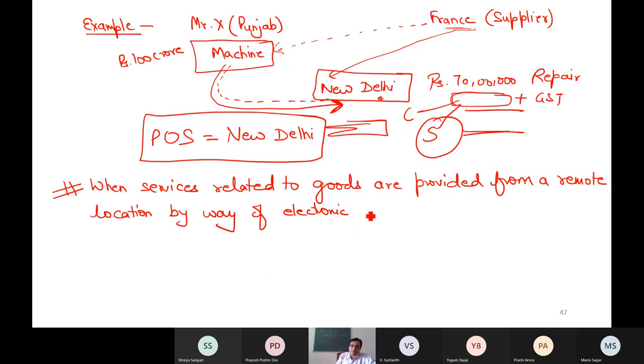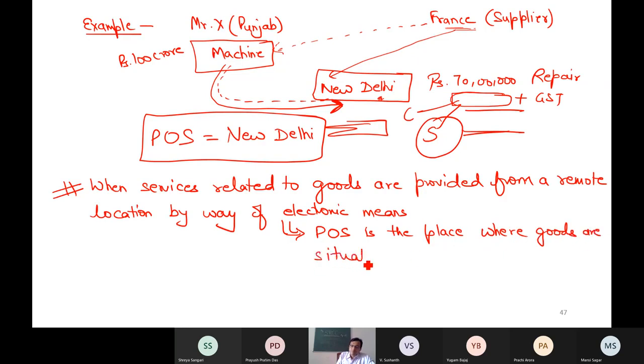So nowadays this is what is happening. In that case, what is the place of supply? Is the place where goods are situated at the time of supply.